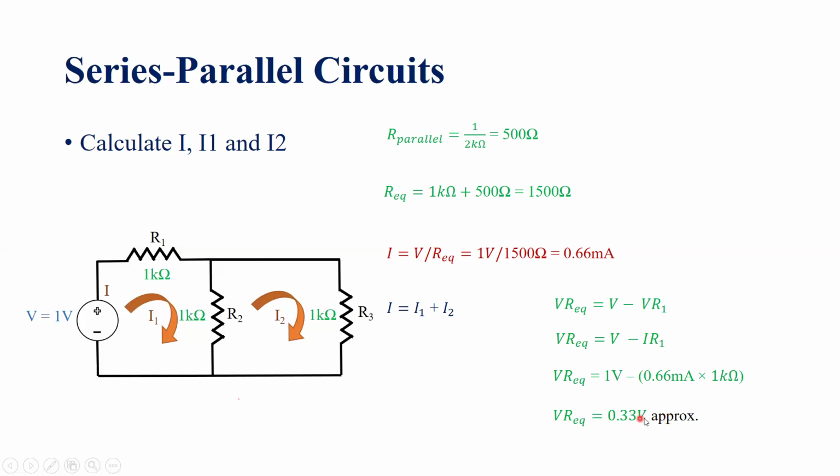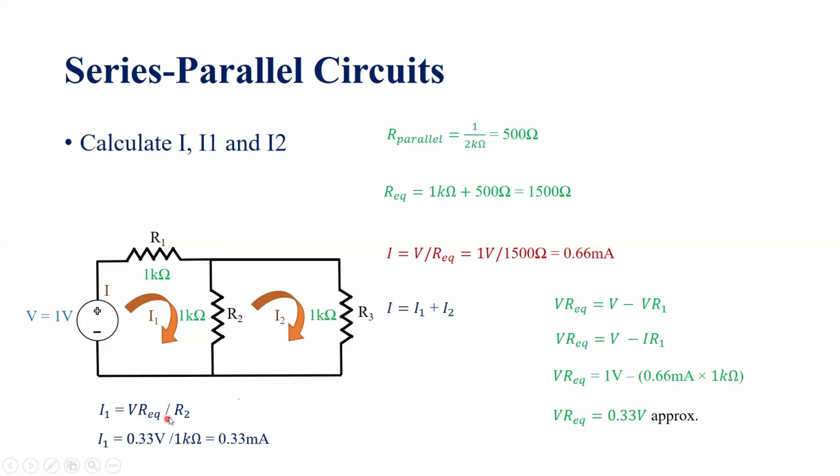Now we know the voltage drop across the parallel combination of R2 and R3. Once we know that, it means we know the drop across R2 and the drop across R3. It's now easy to get the values of I1 and I2. So I1 would again be Ohm's law, voltage divided by resistance.